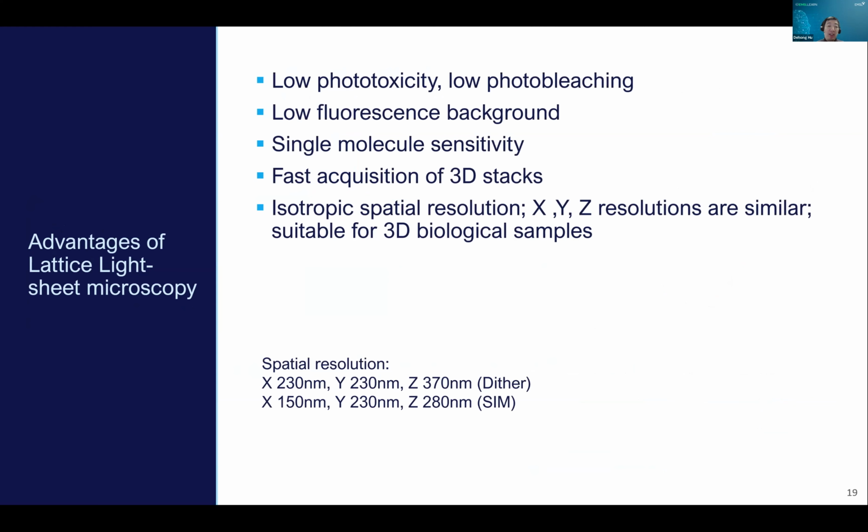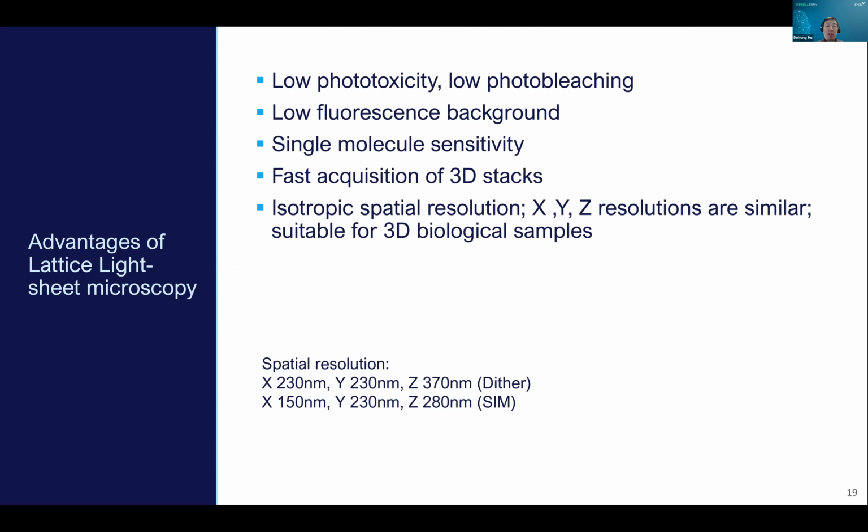So what's the advantage of the lattice light sheet microscope? As we said, it has low phototoxicity, low photobleaching, and low fluorescent background. Other advantages include the sensitivity to see single molecules. That's good because later we can do single molecule localization for super resolution, also known as STORM and PALM.